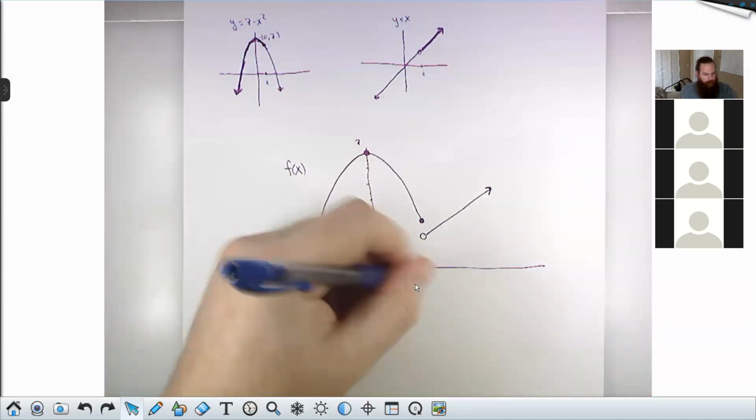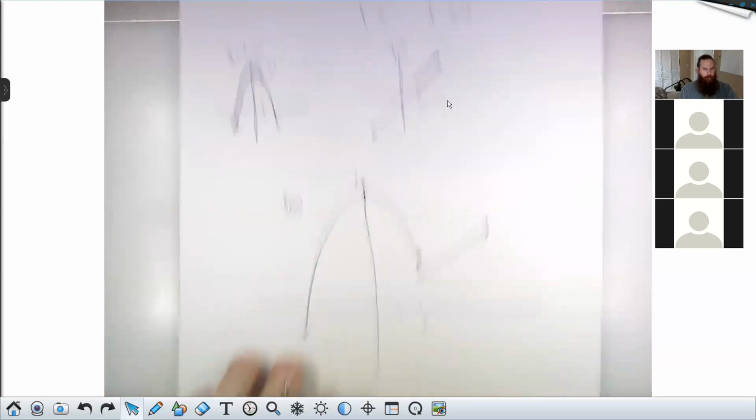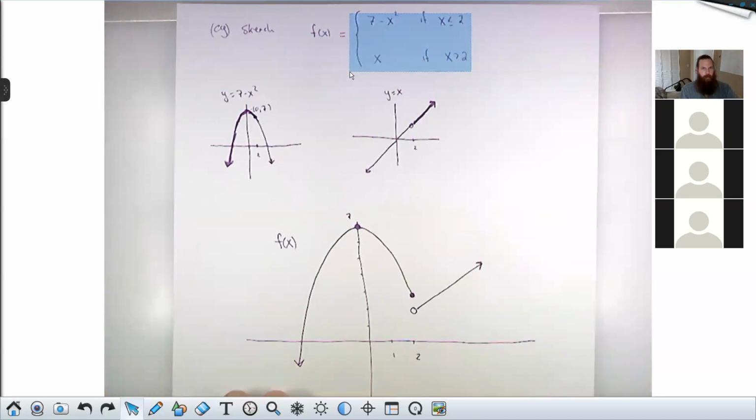So this is 1, this is 2. 2 is the place where we are splitting up our pieces. If x is smaller than 2, that means if we're looking to the left of the vertical line x equals 2, f of x plays like this parabola. So that's the part of that parabola that gets carried over onto the final graph. And if x is greater than 2, then f of x plays like this line.